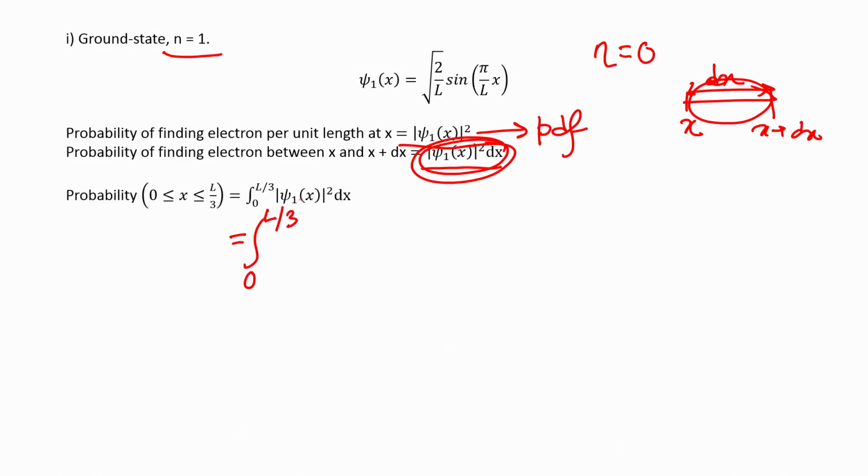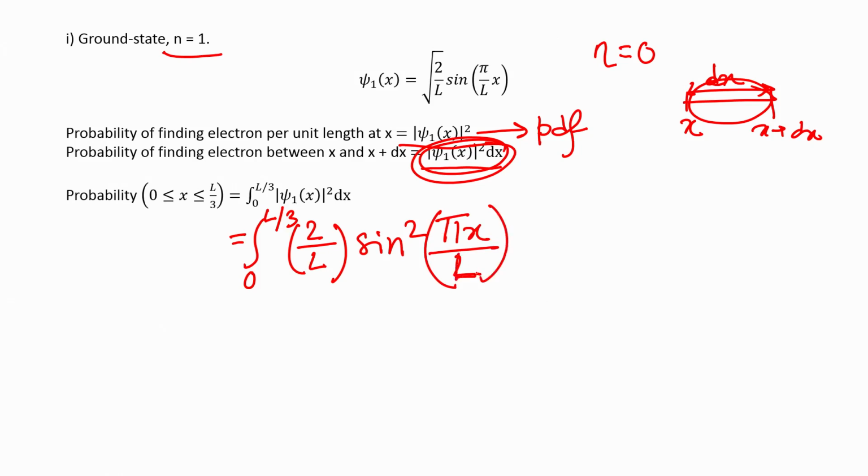The magnitude of psi 1 x whole square will be given by 2 by L sine square pi x by L. You have to convert this sine square to cos 2x in order to do the integration, so that it will come as a standard integral.